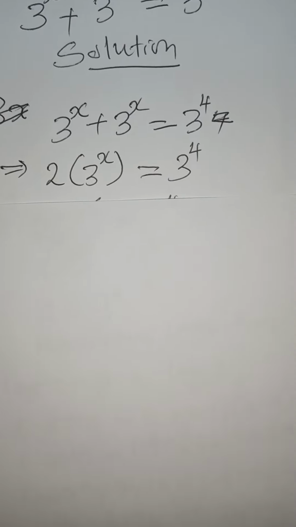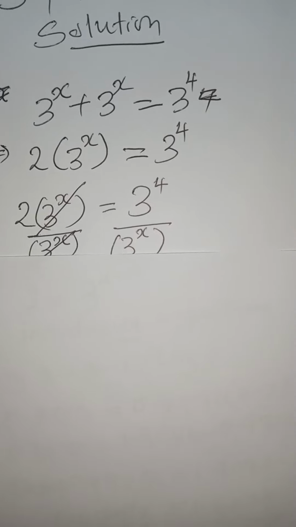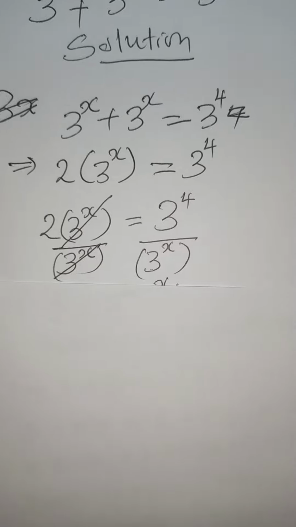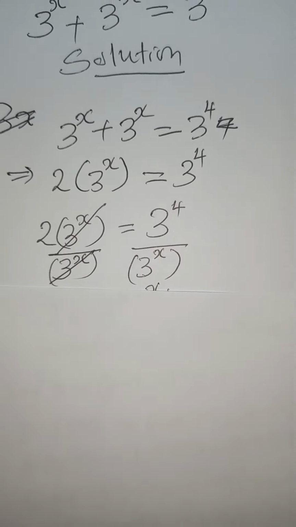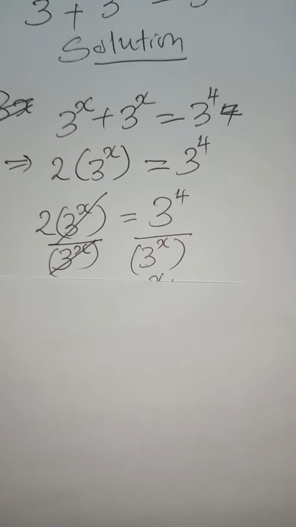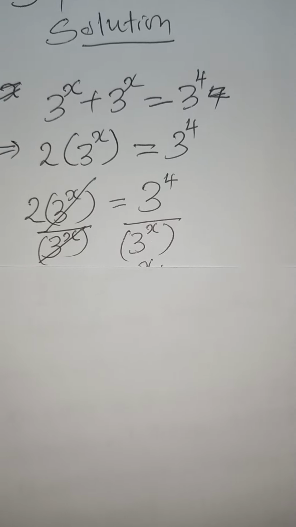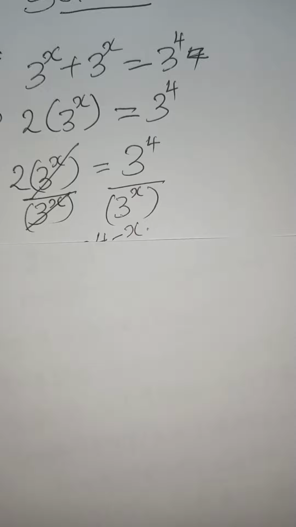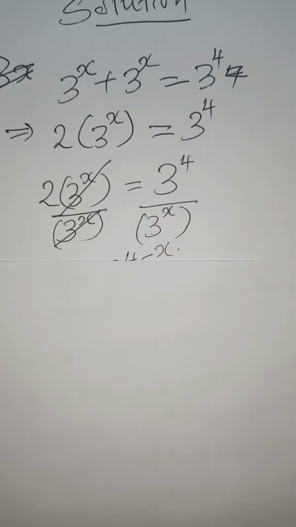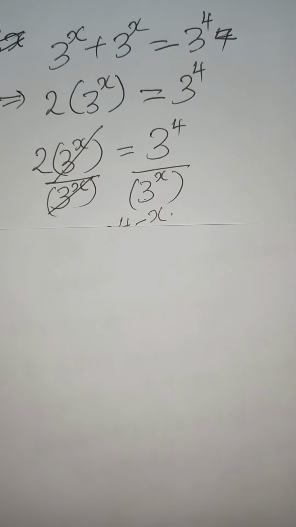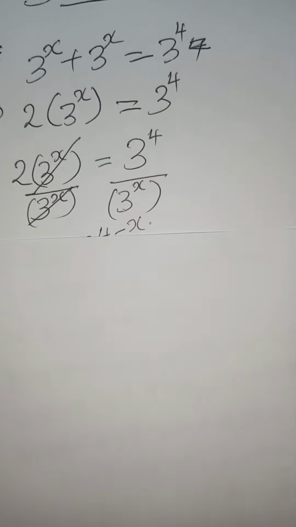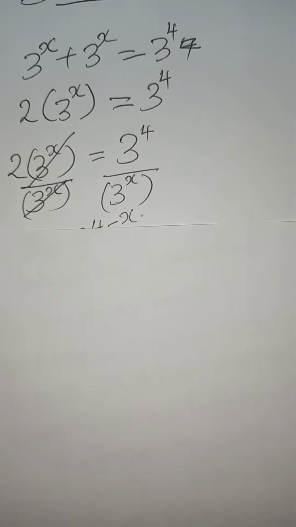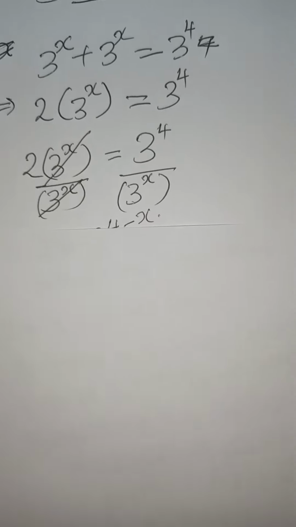So when we divide both sides by 3 raised to power x, and what we do on the left side will also be done on the right side, therefore the 3 raised to power x is going to cancel one another, so then we will remain with the 2 to be equals to 3 raised to power 4 over 3 raised to power x.